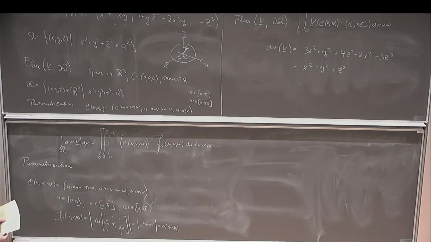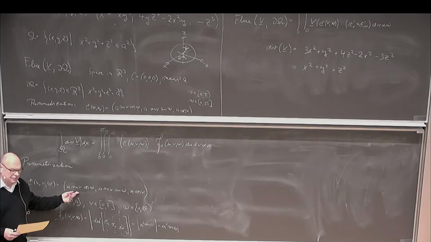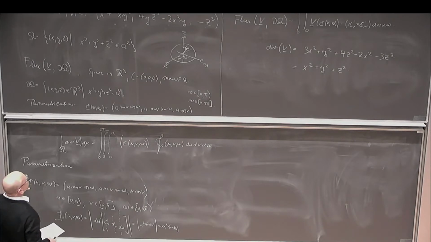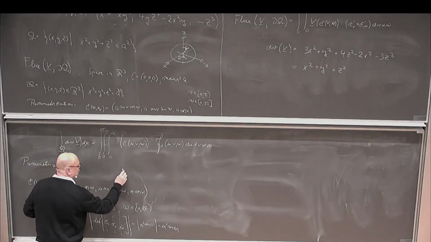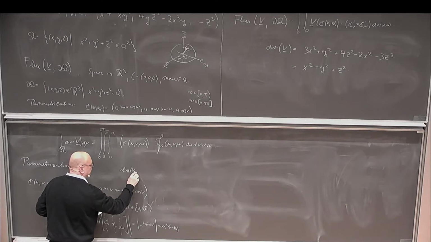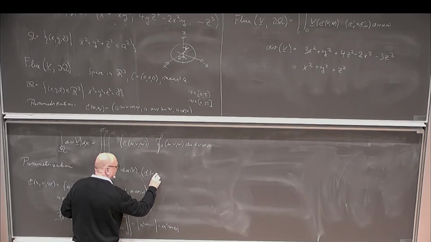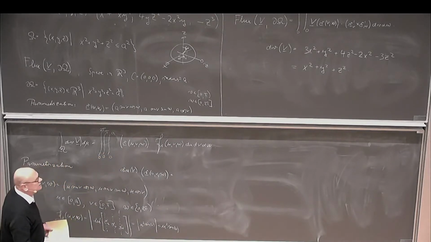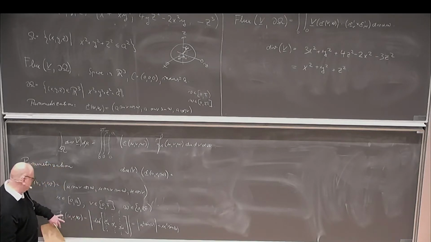Let me just put this parametric representation into the divergence. We calculated the divergence as x squared plus y squared plus z squared. So the divergence of v, I take the first coordinate here.